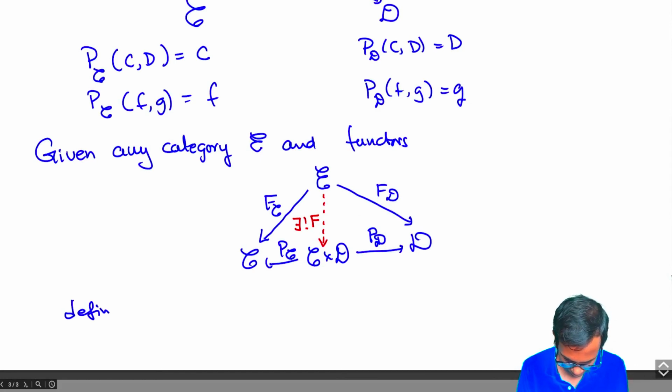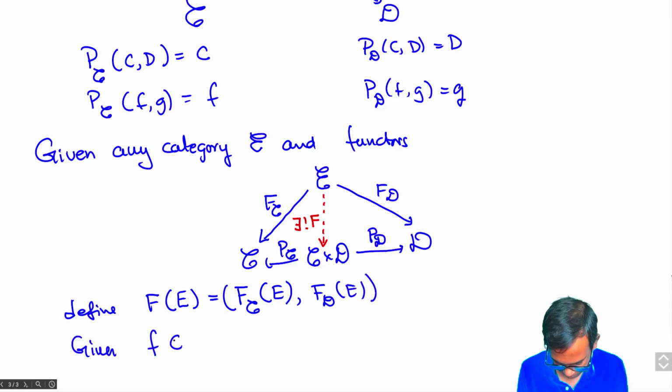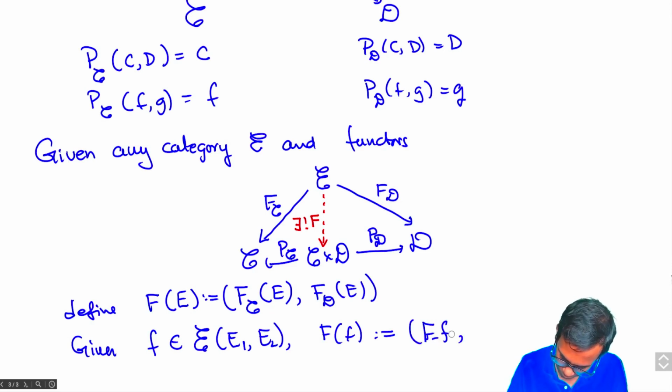Define F of any object e to be (F_C of e, F_D of e), and given any morphism, let's say we have two objects e1 and e2 of E, we can define F of f to be (F_C of f, F_D of f).